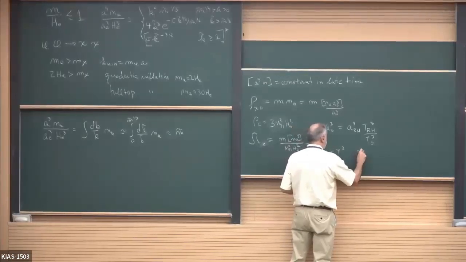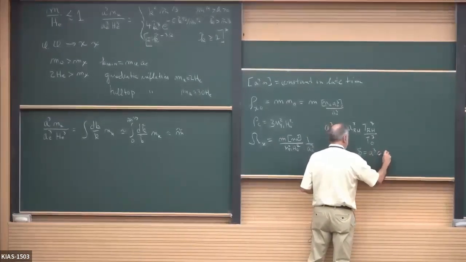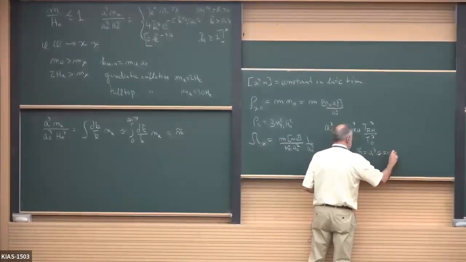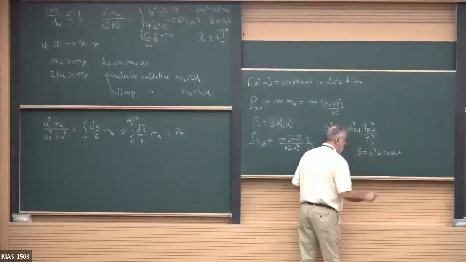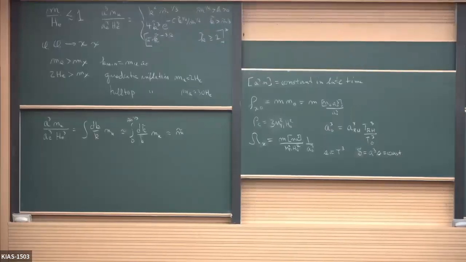The total entropy is a cubed times s, and this is a constant as long as the number of degrees of freedom, et cetera, remain constant.